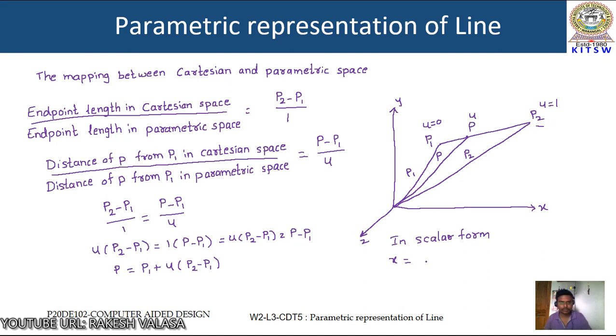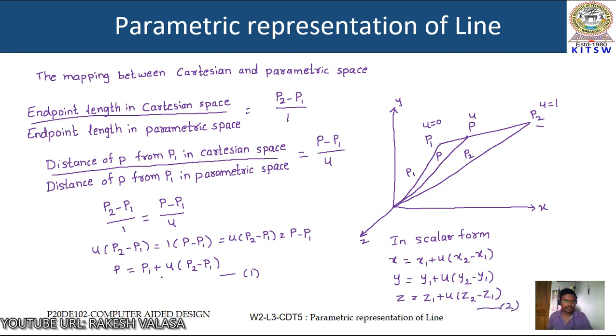So x equals x1 plus u into x2 minus x1. Similarly in the y direction, y equals y1 plus u into y2 minus y1, and in the z direction, z equals z1 plus u into z2 minus z1. This is equation 1 and this scalar form is equation number 2.